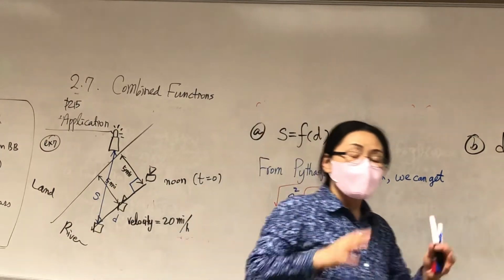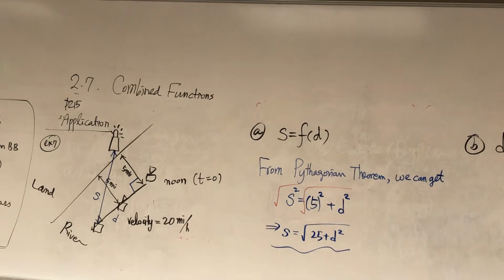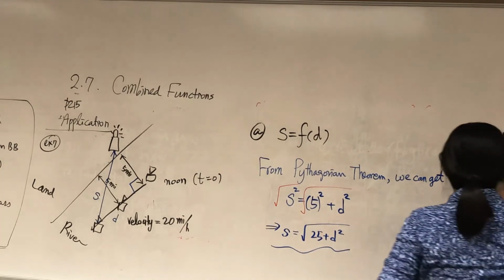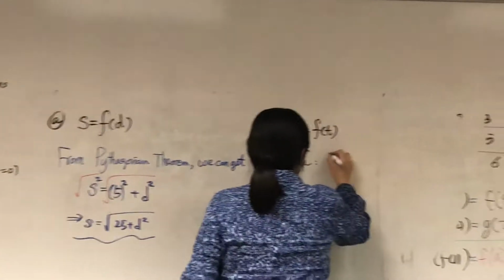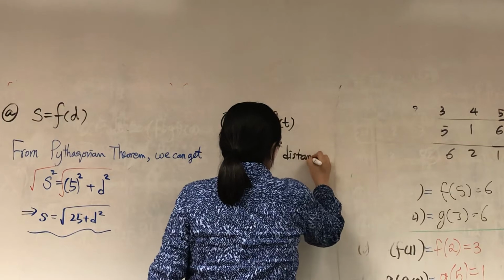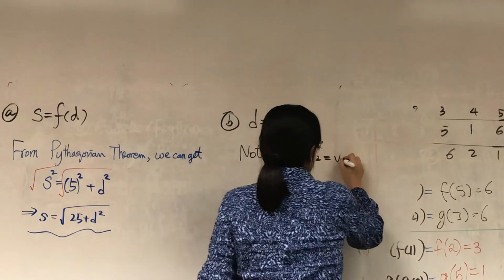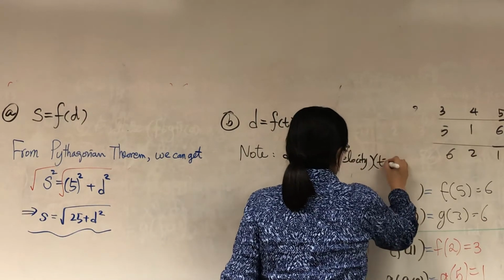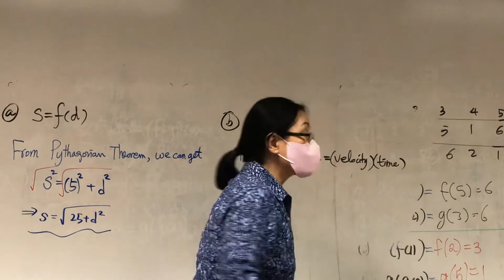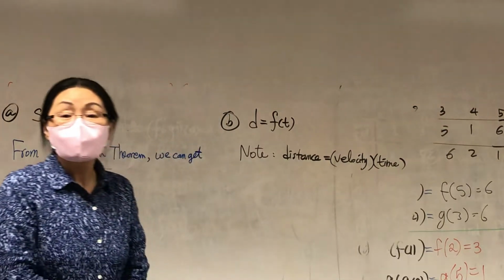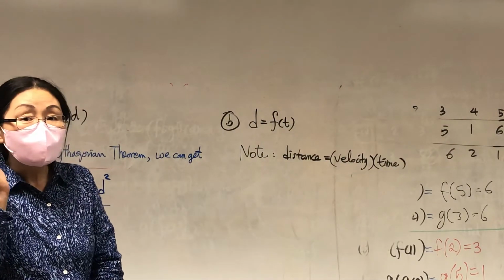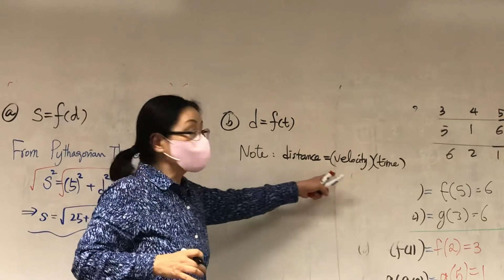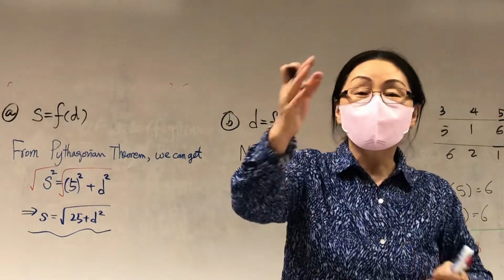Good. So do you understand the distance can be measured by velocity times time? Note: distance is rate times time. Velocity means the rate of change of distance.